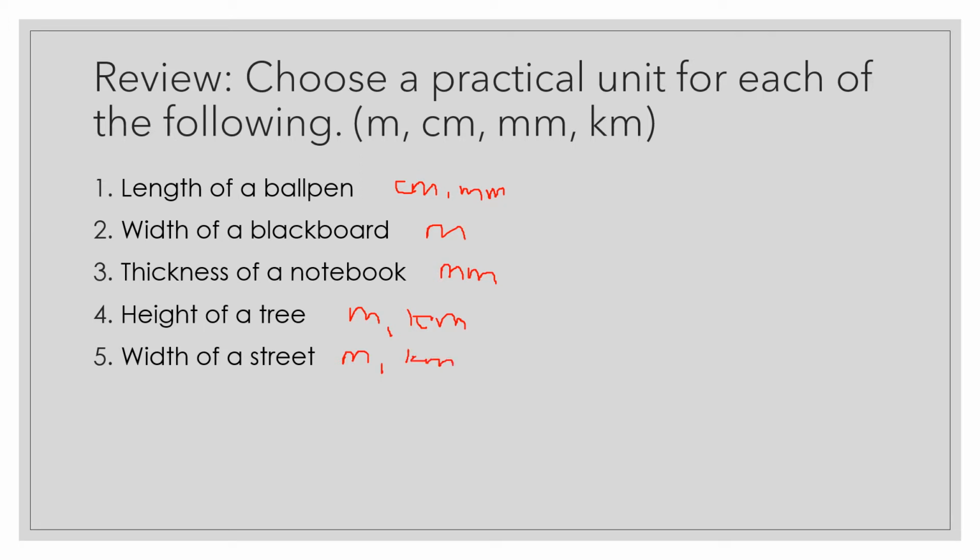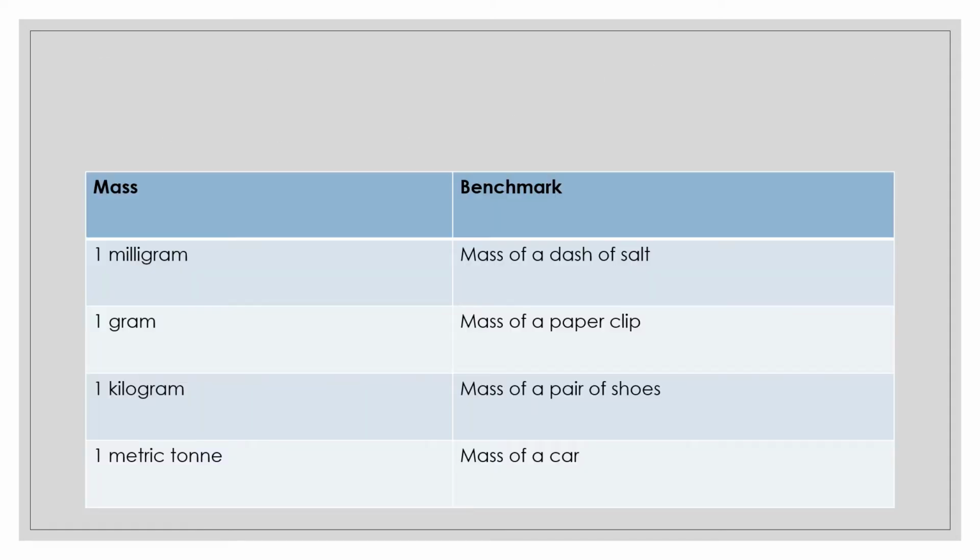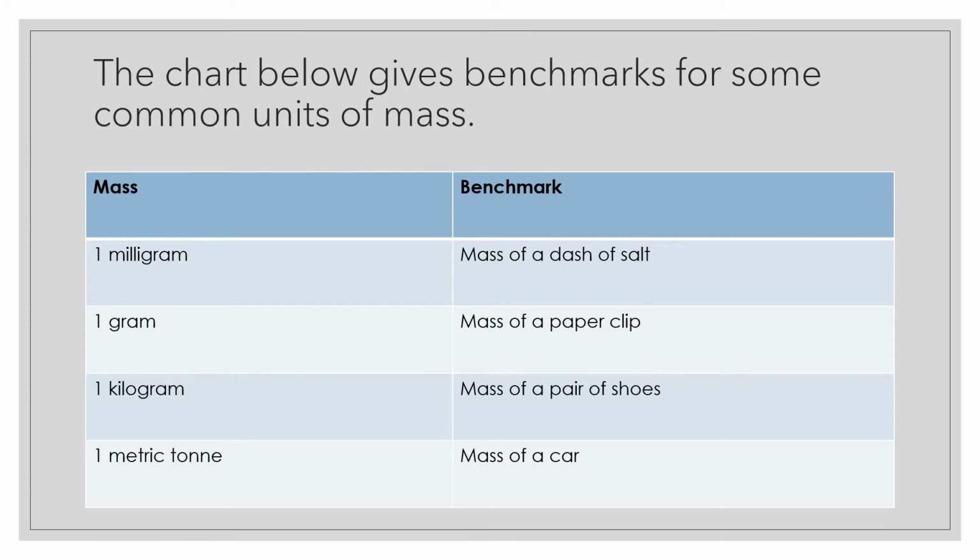All right. What about the diameter of? All right, no more. Now let's go to the chart below, which gives the benchmarks for some common units of mass. Before we start the proper lesson, the chart below gives benchmarks for some common units of mass.